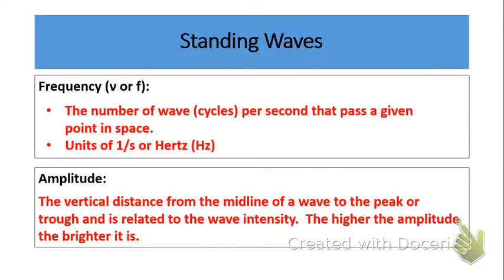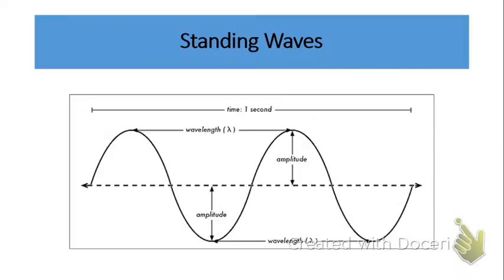We also have amplitude. The amplitude is defined as the vertical distance from the midline of the wave to the peak or trough, and it's usually related to the wave intensity. The higher the amplitude, the brighter the wave is going to be, or the more intense it's going to be. So again, looking at our diagram in your notes, here's the midpoint, and the amplitude is the height from the midpoint to the top of the wave crest.